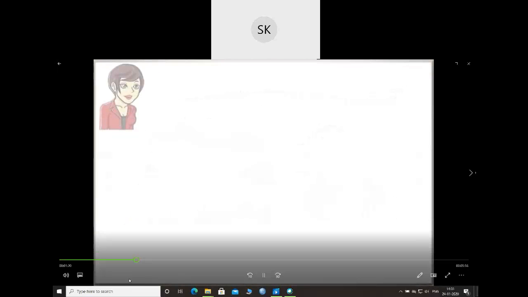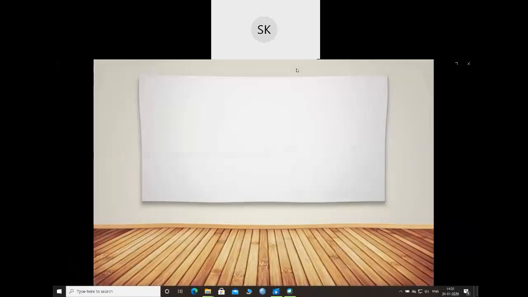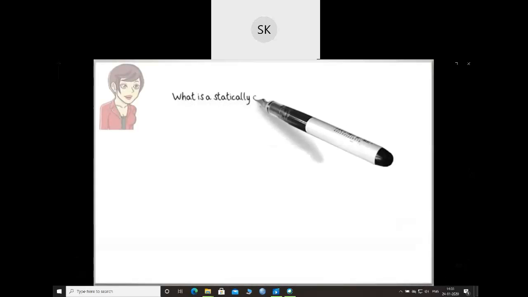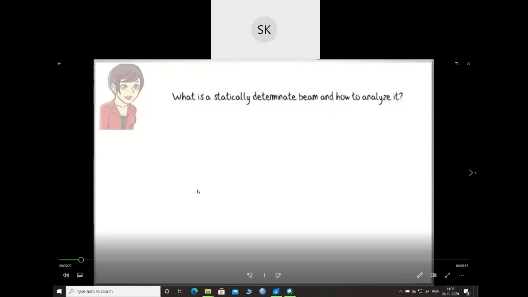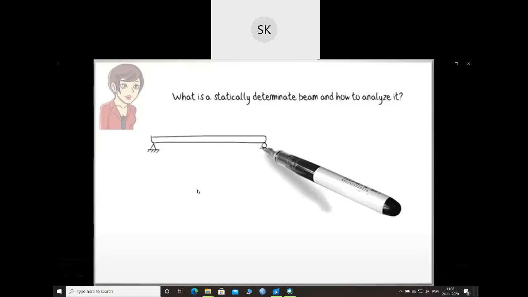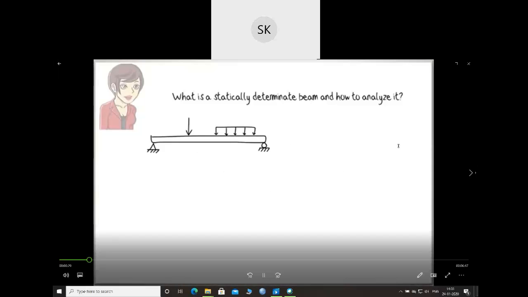Now, how do we analyze such a beam? Structural analysis. Statically determinate beams. In this lecture, we are going to answer two questions. What is a statically determinate beam and how to analyze it? A beam is a properly supported structural member capable of carrying loads that are perpendicular to its longitudinal axis.